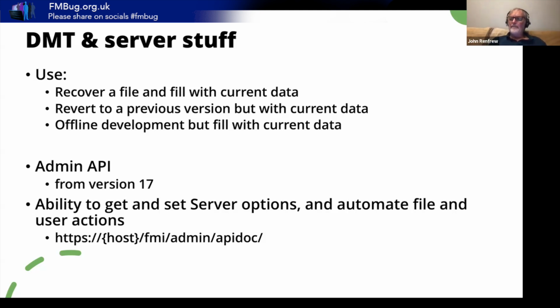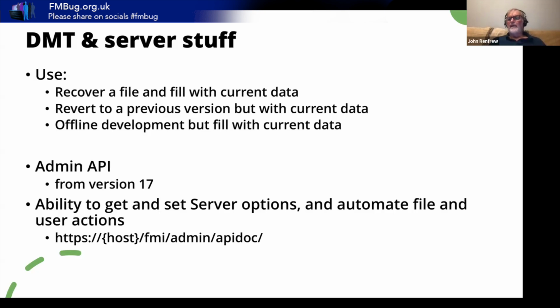Link that to the admin API, which turned up in about FileMaker 17. It's gone through several iterations now. So we get the ability by using HTTP post commands to get or set server options. Some things that we can set with the admin API, we can only set through the admin API. There isn't even a button in the admin console to do some of the things that we can do.